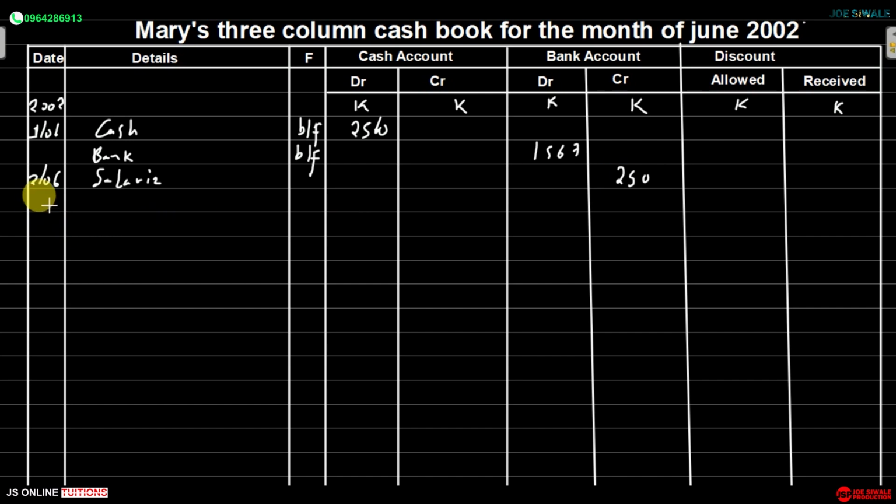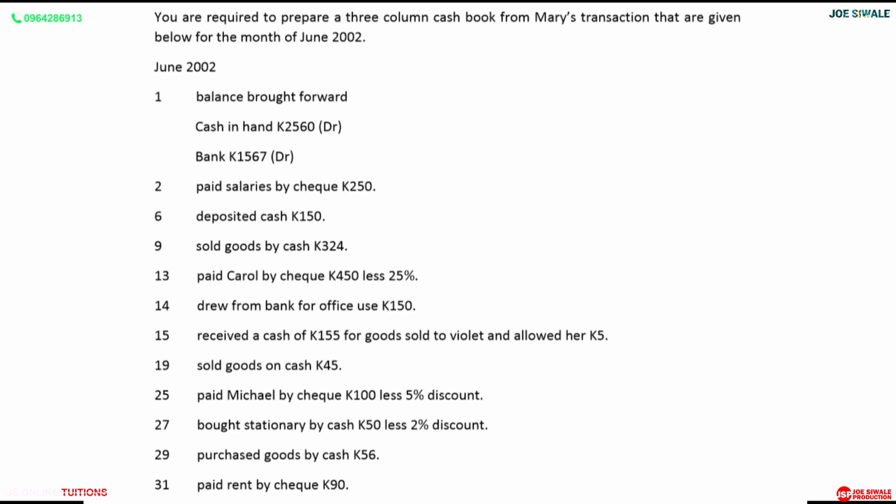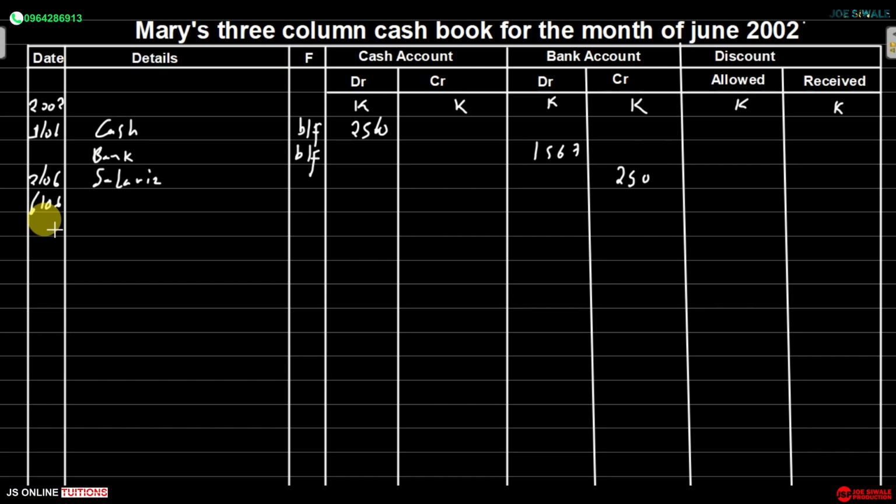Then on the 6th of June, deposited cash amounting to 150 kwacha. This type of transaction is a contra entry transaction, and that means that the cash account is going to be credited and the bank account is going to be debited.